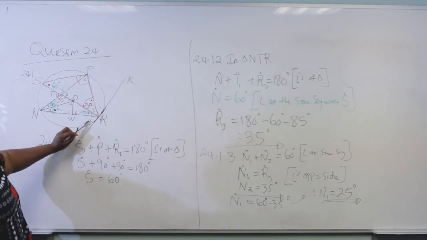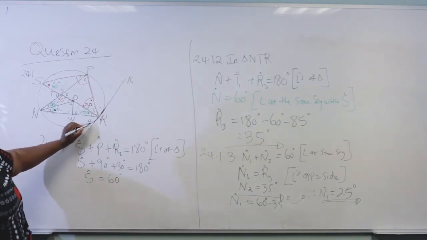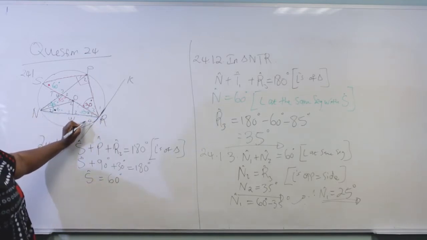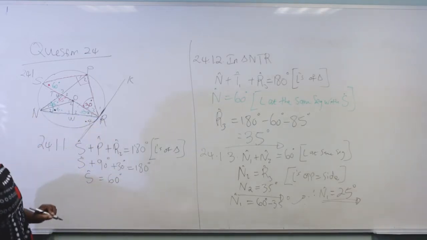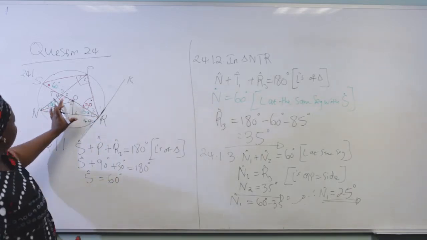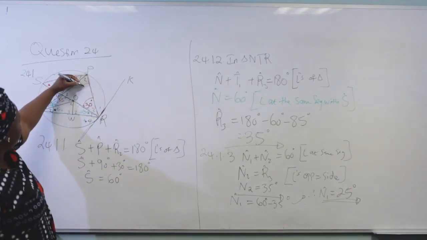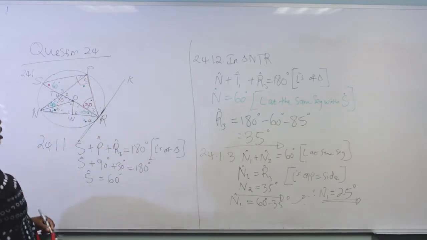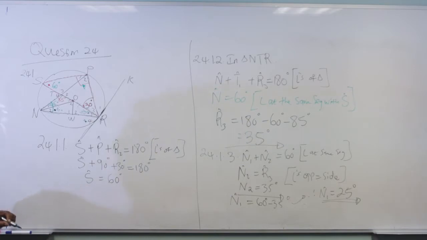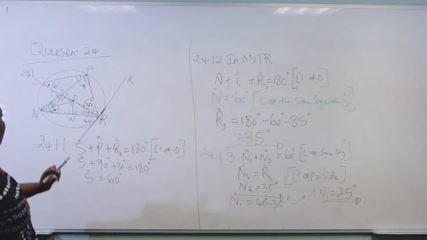This is R4. Remember, this is a tangent, and then this is a chord. So the angle that is there will always be equal to the angle that is subtended by this same chord at the alternative segment. So this is that angle we are talking about. So the angle P2 is actually going to be equal to angle R4.